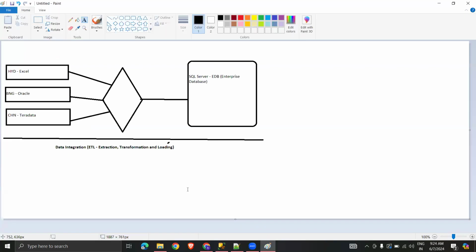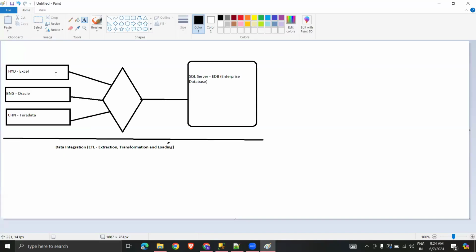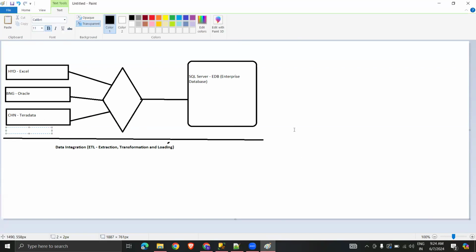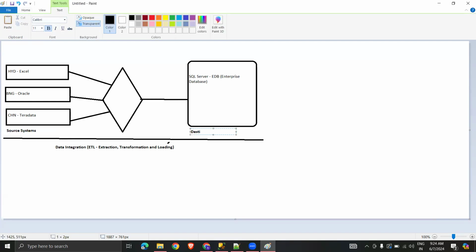I am trying to do the same thing here: as a driver, I pick the data from three different source systems. Source 1 is in Excel format, source 2 is Oracle, source 3 is Teradata. We call these source systems. And this is our destination or target system.